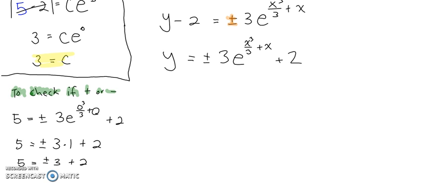So it has to be the positive 3. That tells us that we have to choose positive 3. So our final answer is y equals positive 3 e to the x cubed over 3 plus x, plus 2. And that's the answer.